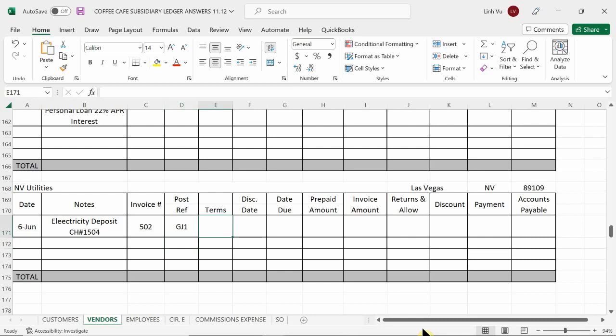Now in this case, this is a rental deposit. I'm sorry, an electricity deposit, right? So in this case, we made a payment, so there are no terms because this isn't going towards our bill. We have to remember, this is a deposit to ensure that we are in operations and occupying that space. This is by no means to put this towards your bill, okay?